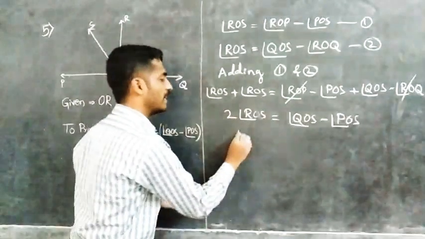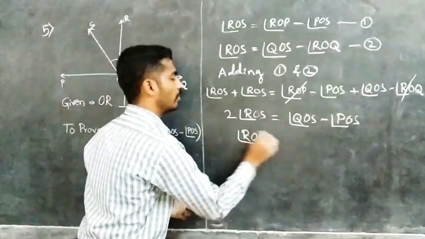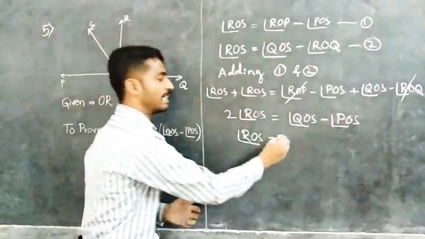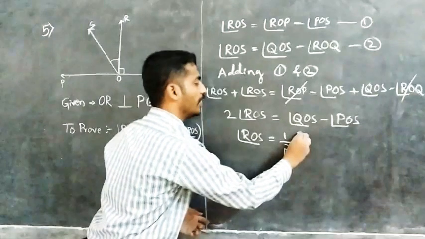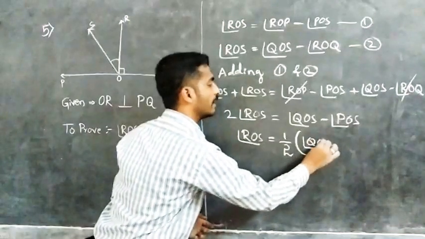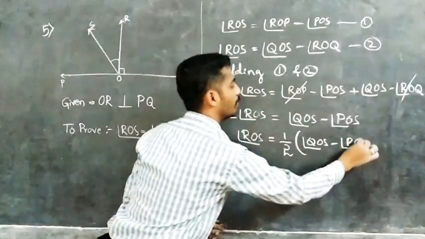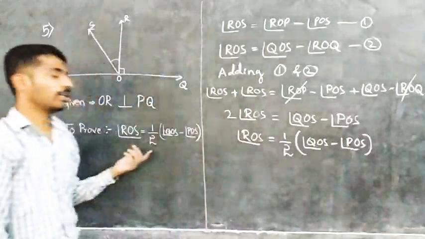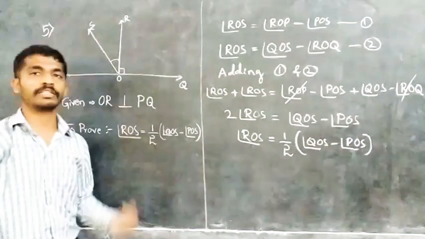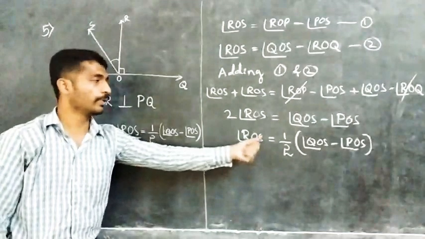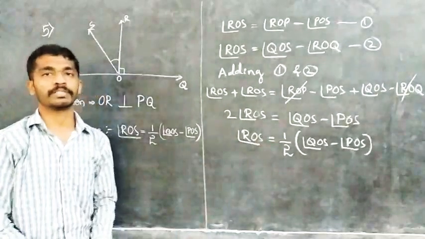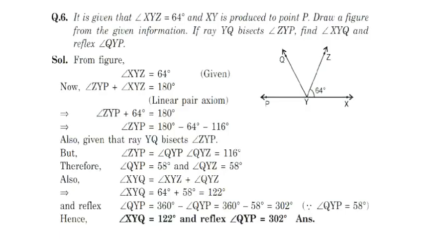Taking 2 to the other side, ROS equal to 1 by 2 into QOS minus POS. We got that one. This is our answer. For the 6th question, I have given the answer also. Once you go through the answer, you will understand. Practice yourself.